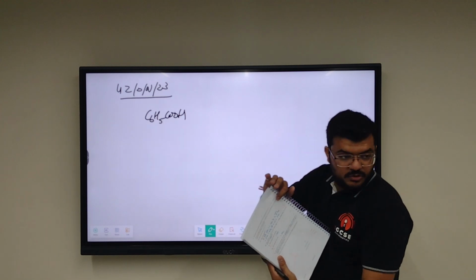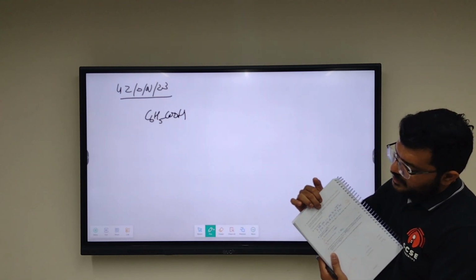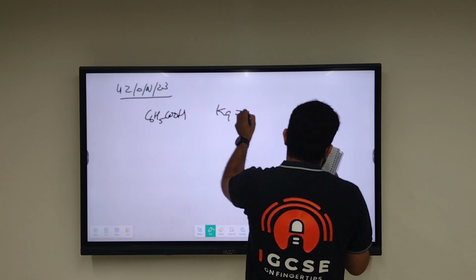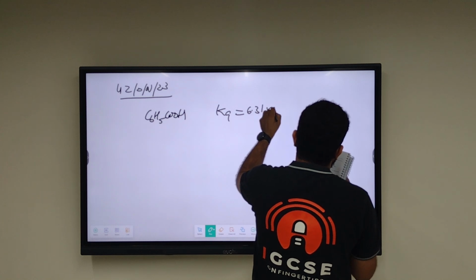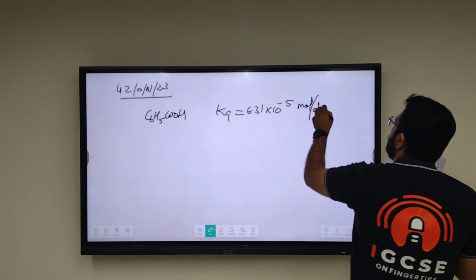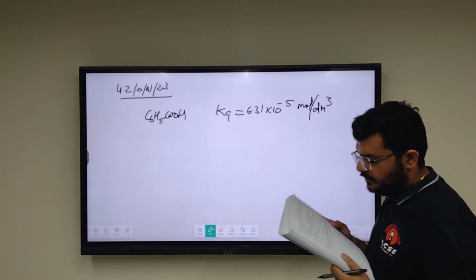When the question starts over here, they have given the weak acid, Ka of benzoic acid, which is 6.31 into 10 to the power minus 5 mole per dm cube. Ka of this is given in the question.